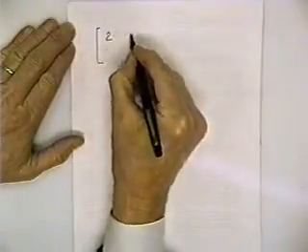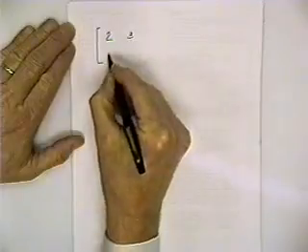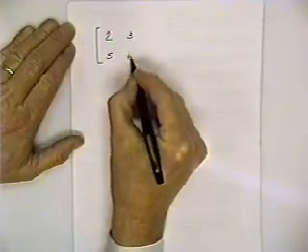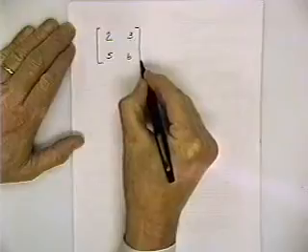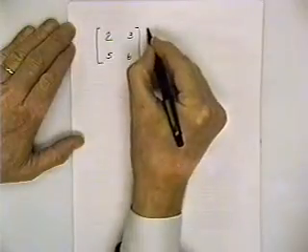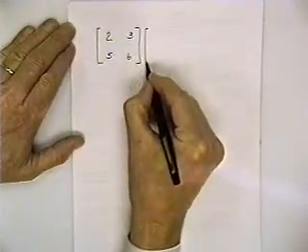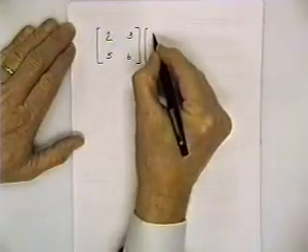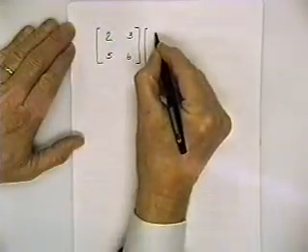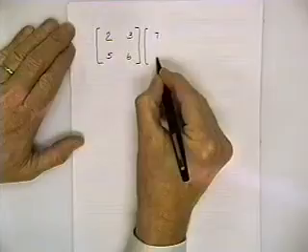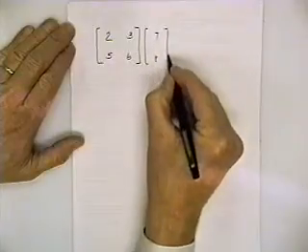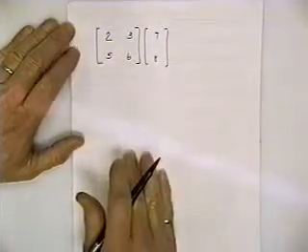Let me take the numbers 2, 3, and 5, and 6. And I will take with this just a very simple little matrix, which is a column. And I'll make it, let's say, 7 and 8. I'm making these numbers up as I go along.